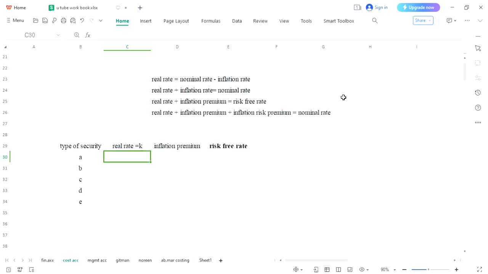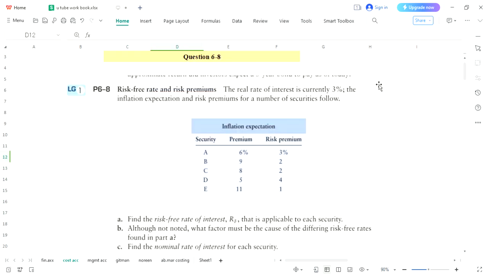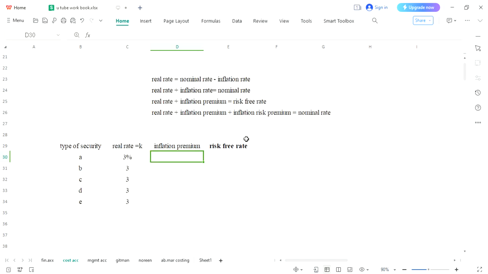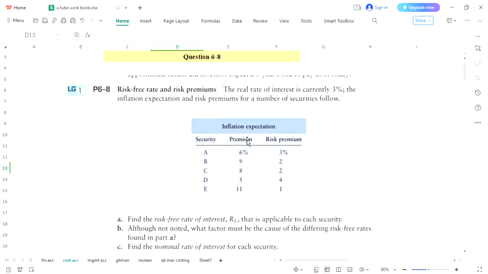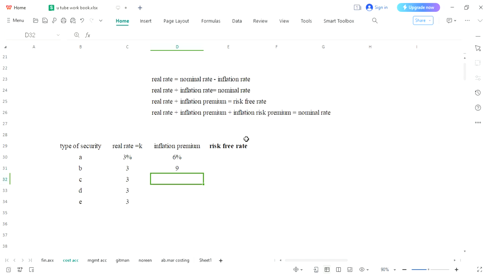So it means for all securities we do have 3%. Inflation premium is given in your question. Inflation premium: the first rate is 6%, and then we have 9%, 8%, 5%, 11%.